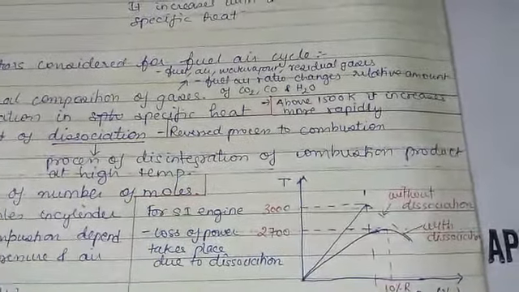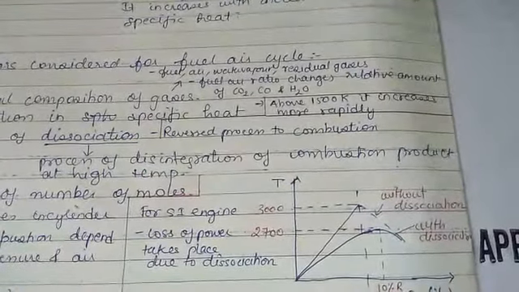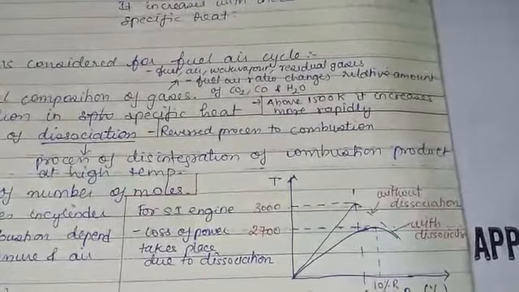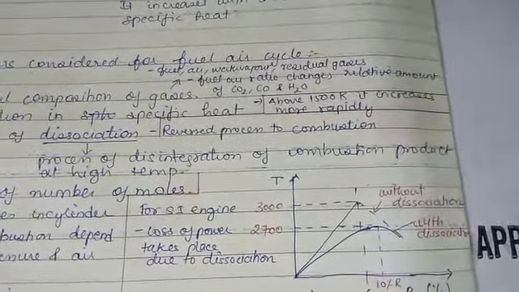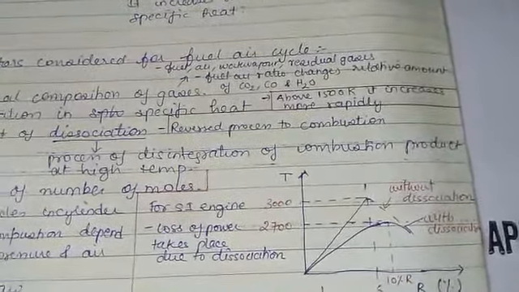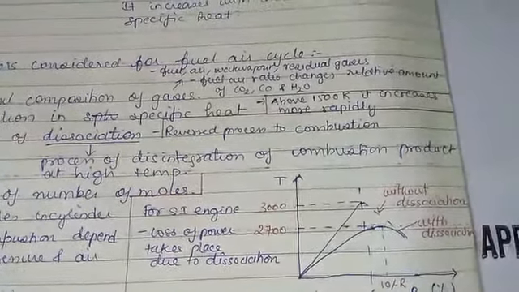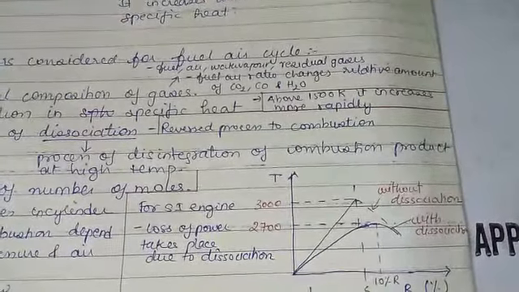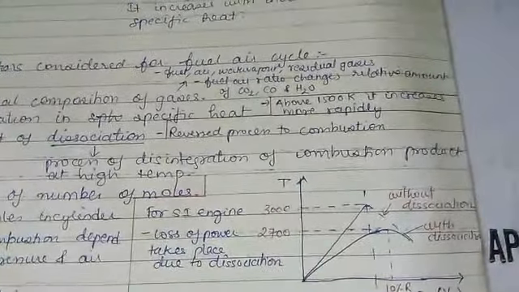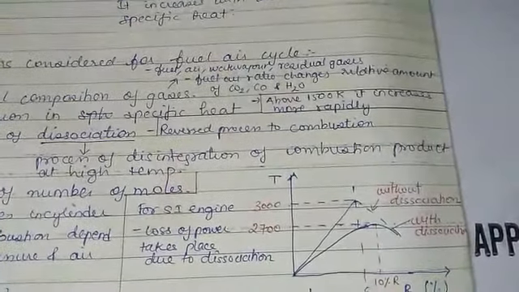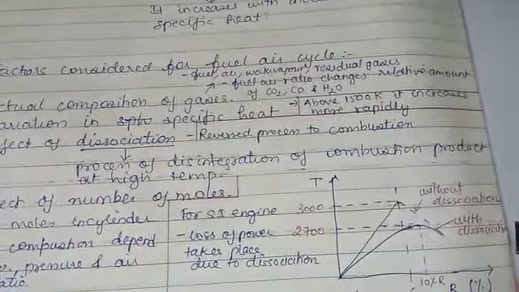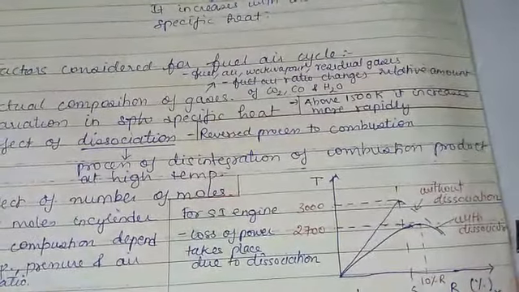The curve without dissociation reaches its maximum temperature at 3000 Kelvin, and the curve with dissociation reaches a temperature of 2700 Kelvin. So there is a reduction in the temperature when dissociation is taken into account. For an SI engine, the loss of power takes place due to dissociation.